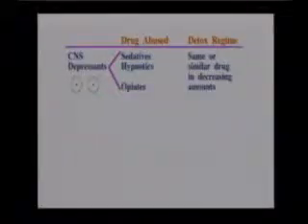Now I want us to think about the management of patients who are undergoing withdrawal from various substances. If we take a look at the picture, when patients are abusing central nervous system depressants, these might be drugs like sedatives, hypnotics, opiates, even alcohol fits into this category.